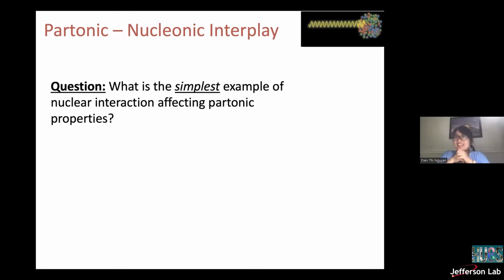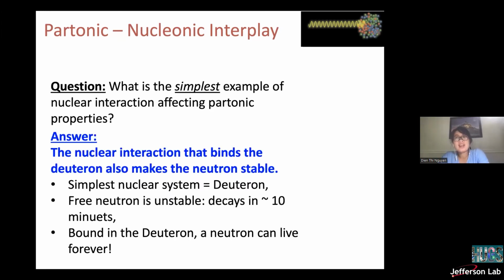Okay, yeah, that's right. The simplest nucleus is a deuteron, the combination of a proton and a neutron. When a neutron stays alone, a free neutron, it will quickly decay, within about 10 to 13 minutes. But when it is bound with a proton inside the simplest nucleus, the deuteron, then it changes. It does not decay anymore.